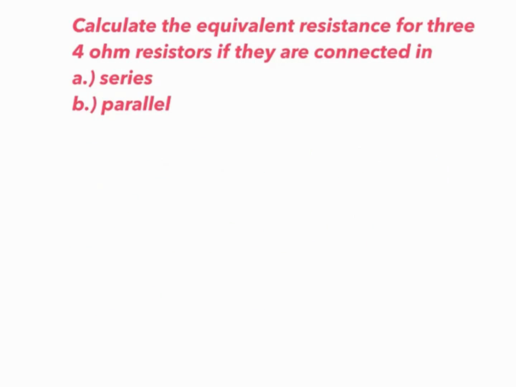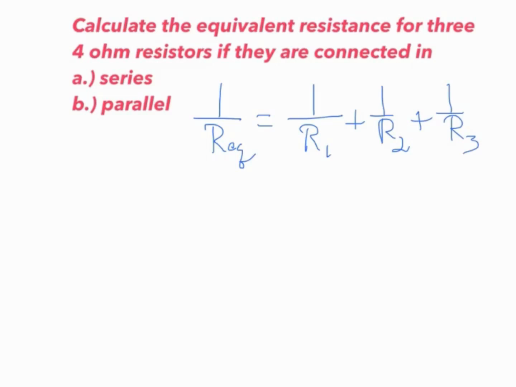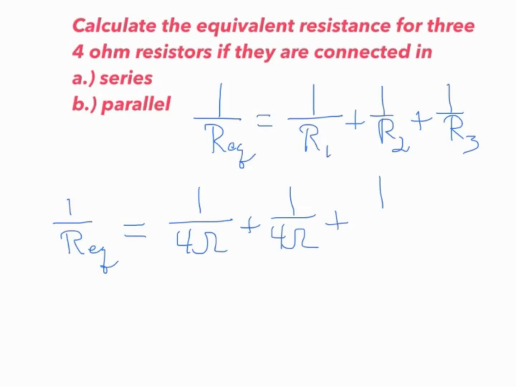Alright, part B, the parallel arrangement. We have 1 over Req equals 1 over R1 plus 1 over R2 plus 1 over R3. And then you do your plugging and chugging. So 1 over Req equals 1 over 4 ohms plus 1 over 4 ohms plus 1 over 4 ohms.